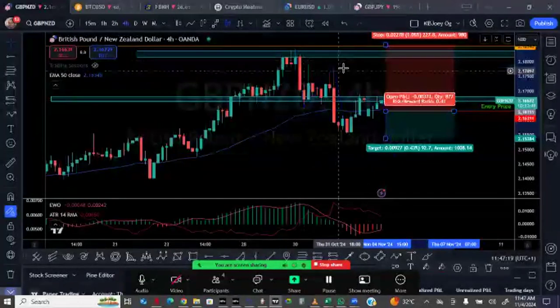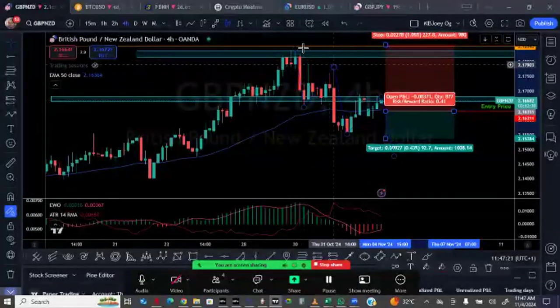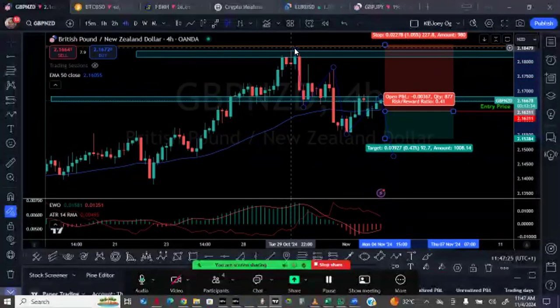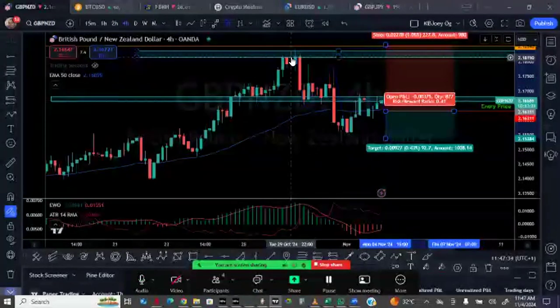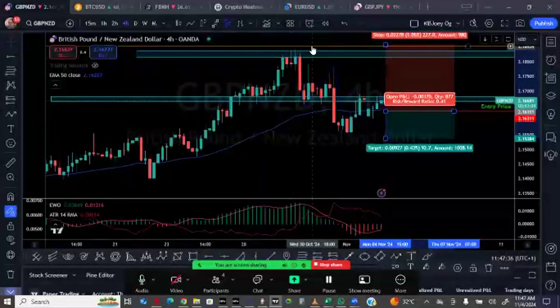So if market breaks above this point, I know that market has changed direction completely. So I'm good with it, right? My stop loss is set.